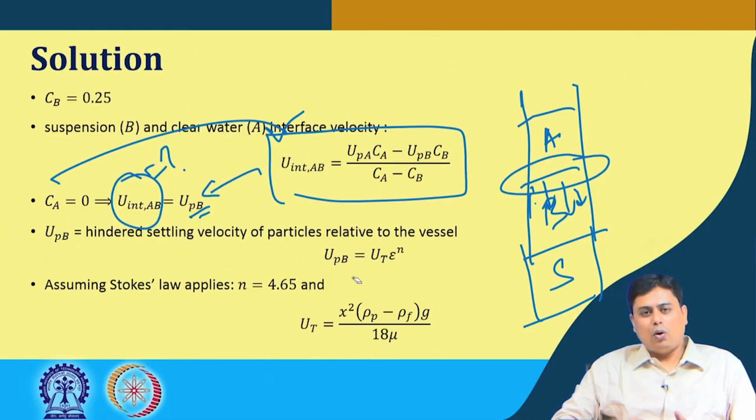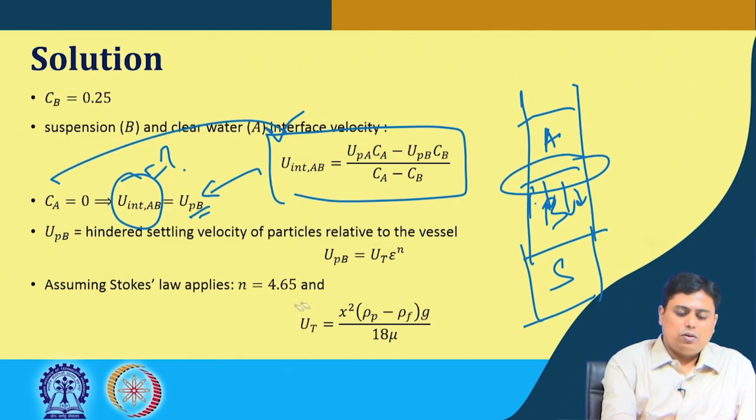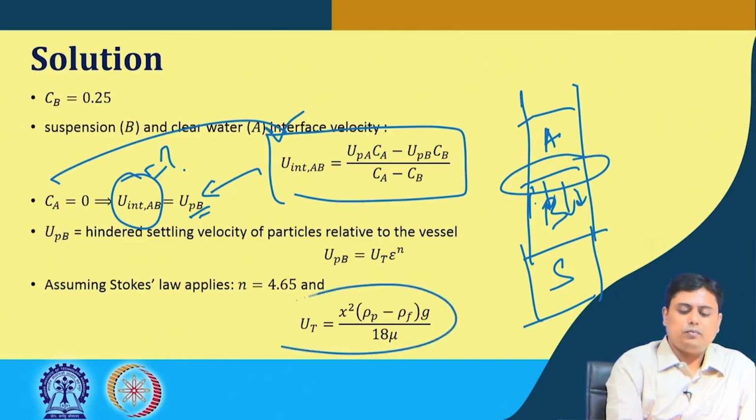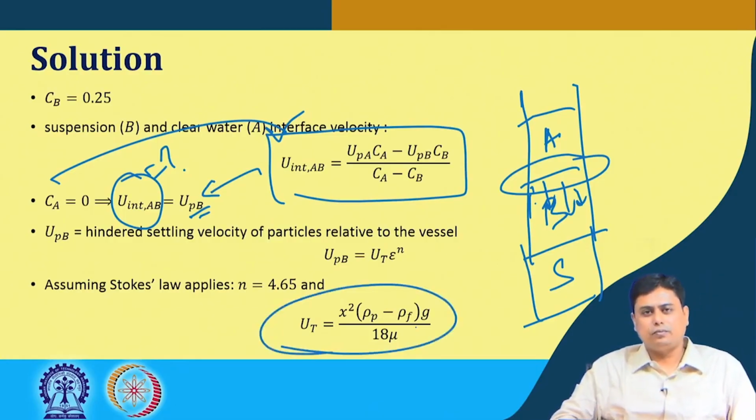Now, we know that if this operation is happening in the Stokes law region, then this value of n is 4.65. Also, the single particle terminal velocity is this expression: x squared multiplied by the relative density multiplied by g divided by 18 mu.